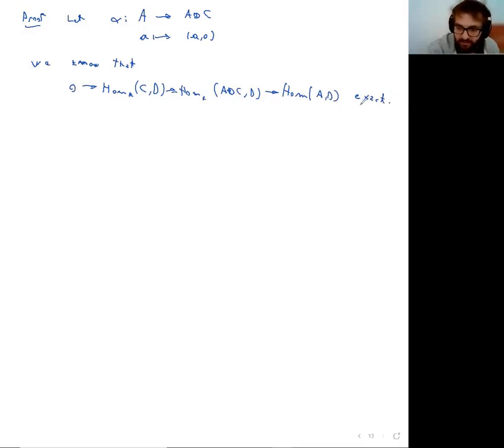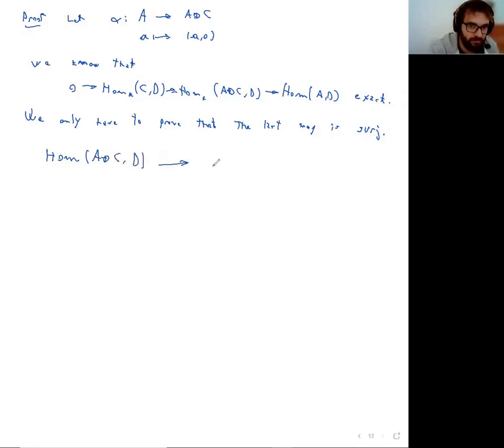So we only need to prove that this last map is surjective. How is this map defined? It's the map from hom A plus C D into hom A D. And what does it do? Well, it takes a map F and sends it to F composed with alpha. This is how it's defined.